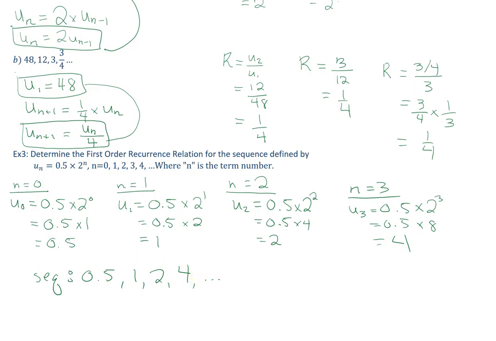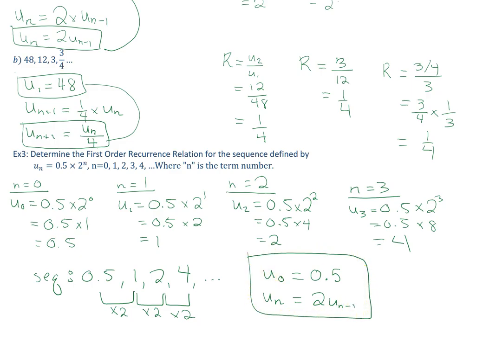I could keep going if I didn't already see the pattern, but hopefully by now you're recognizing that each time I'm just multiplying by 2. So from this, my sequence starts at a half, and each time I multiply by 2. To put that into a recurrence relation, u0, because it starts at 0 for n, is 0.5, and u_n is 2 times u_{n-1}.